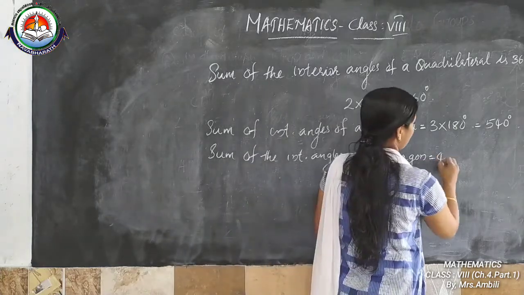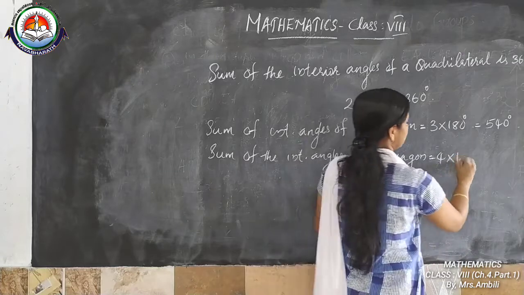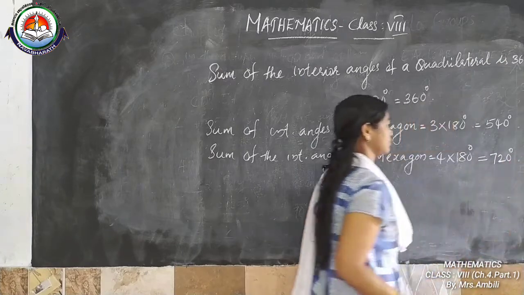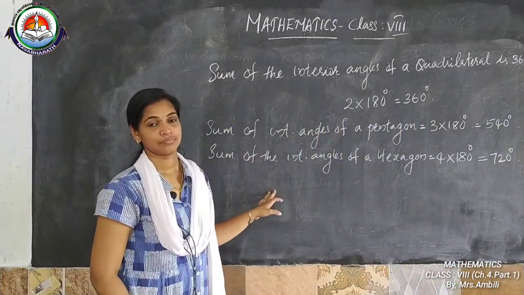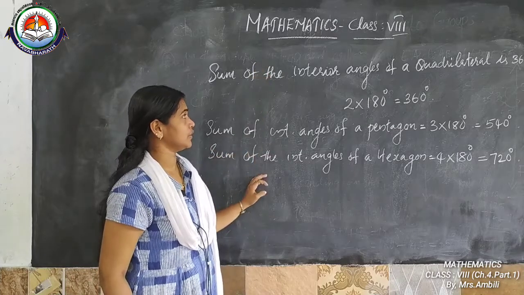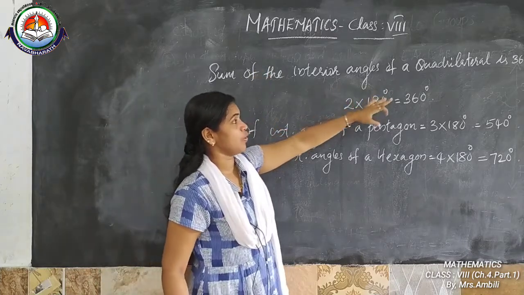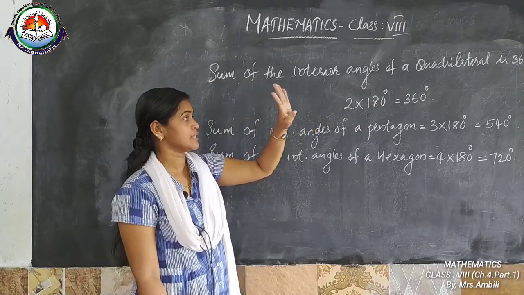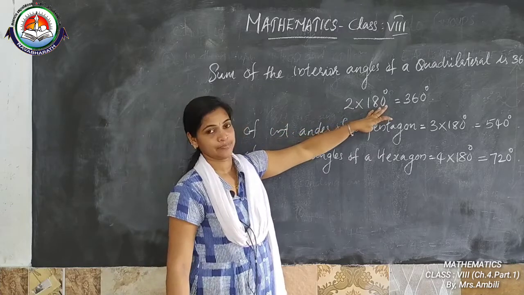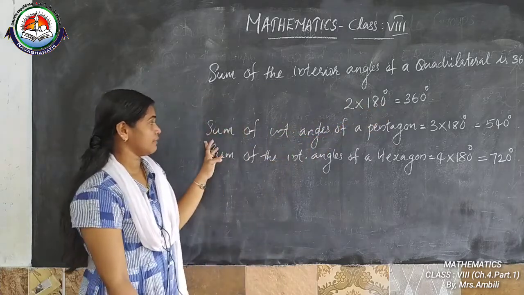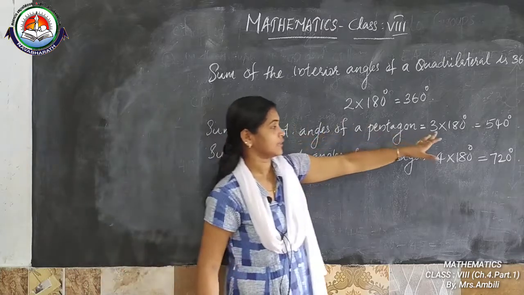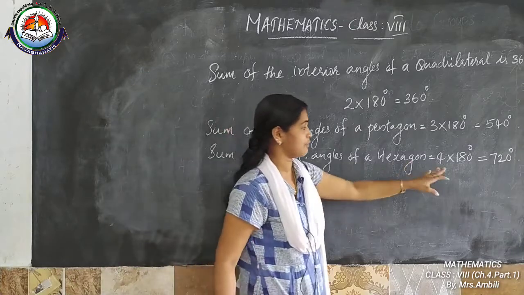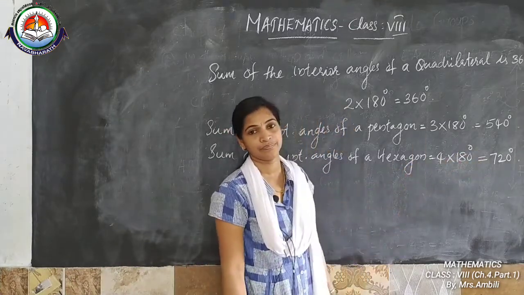So, we can write 4 into 180 degrees equals 720 degrees. So, from all this, what did we get? The sum of the interior angles of a quadrilateral, a 4-sided figure, is 2 into 180 degrees. Okay. Pentagon, a 5-sided figure, is 3 into 180 degrees. Hexagon, a 6-sided figure, is 4 into 180 degrees.